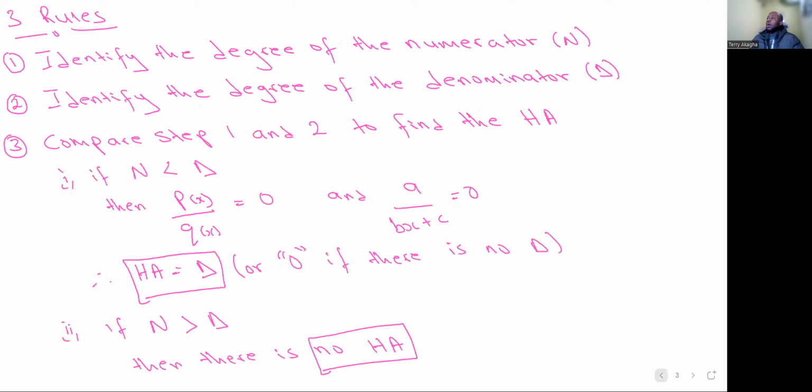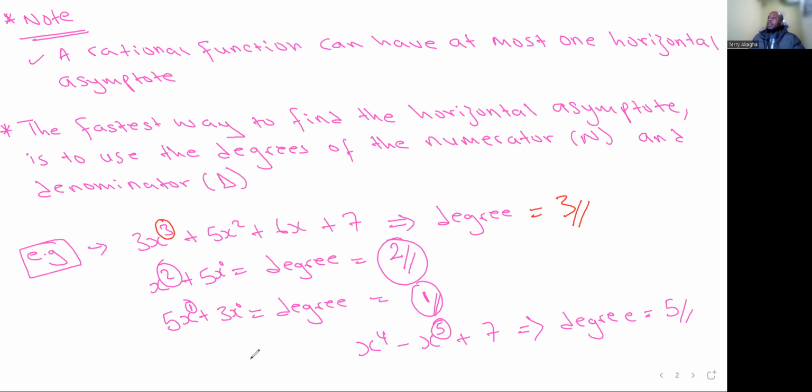Remember in the previous slide, I explained to you that this is the degree, right? When we talk about the leading coefficient, we're talking about the number in front of the x value with the highest degree. So in this case, the leading coefficient is 3. In this case, it is 1.